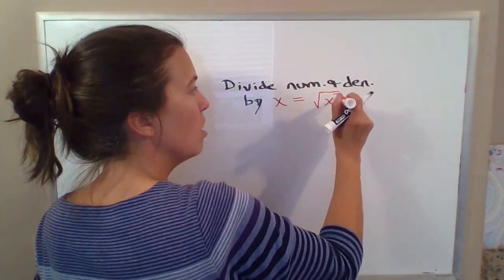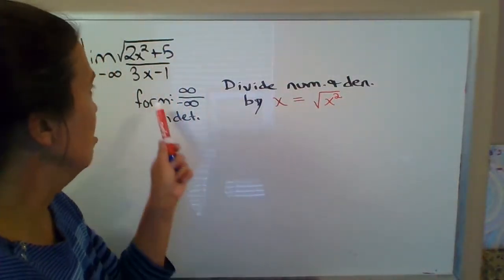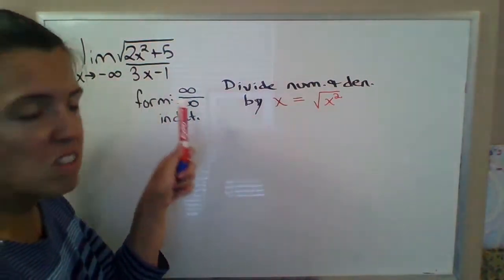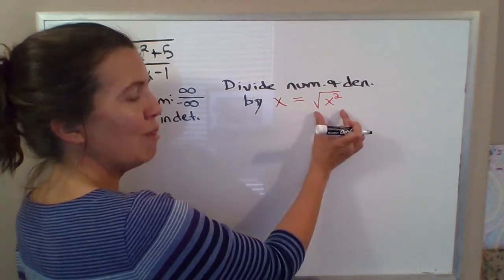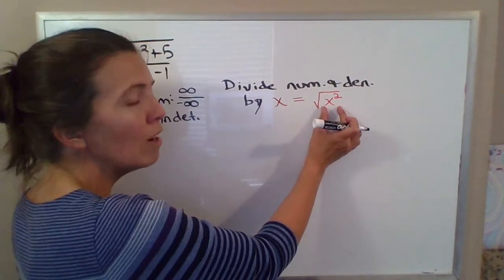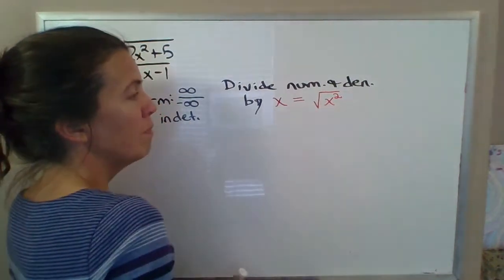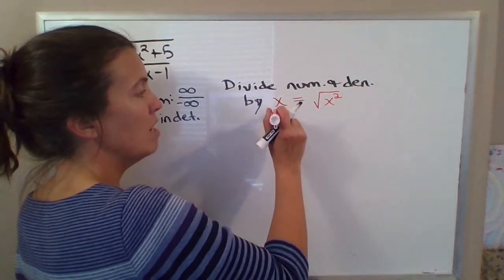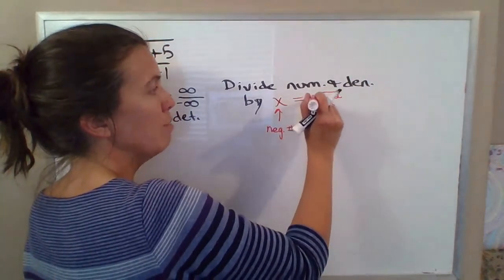It'd be tempting to say that's true. The problem is, if x is negative, which, since we have x approaching negative infinity, we can certainly assume, then this quantity right here is negative, but this is going to give you a positive value. If you take that negative x and square it, and then take the square root, you're going to end up with a positive value here. So in order for these to be equal to one another, if x is a negative number, we just put a negative in front here.